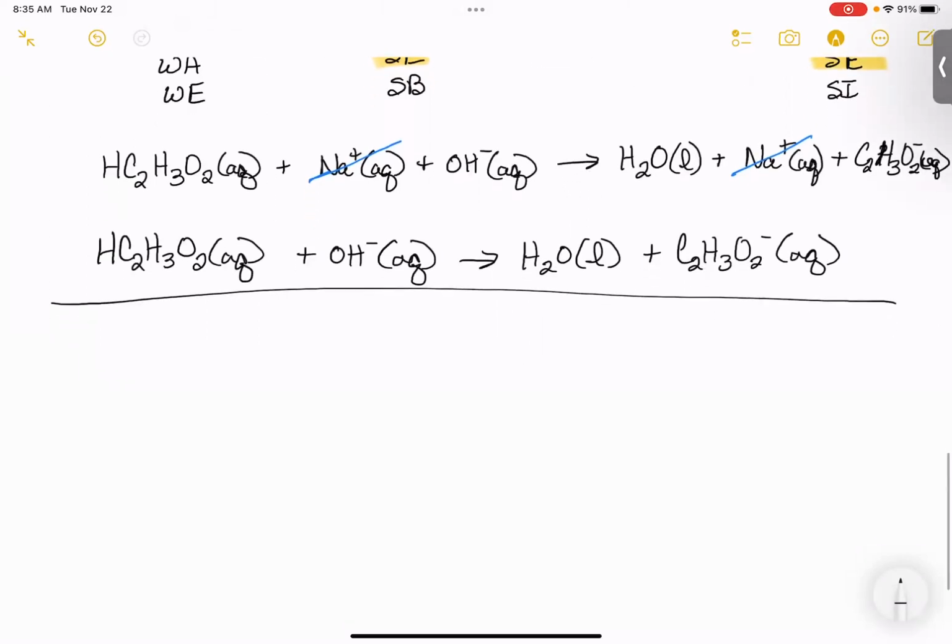Say I give you sodium nitrate plus, let's see, let's go with sodium nitrate plus aluminum acetate.